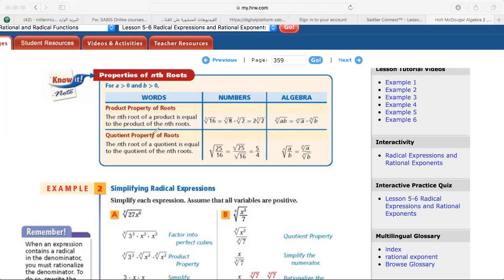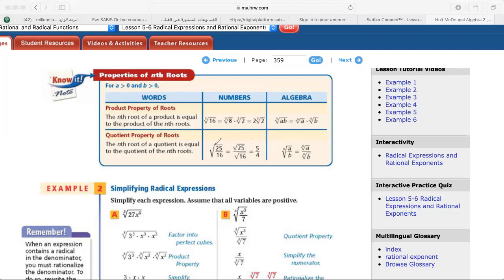Quotient property of roots. The nth root of a quotient is equal to the quotient of the nth roots. Like the root of 25 over 16 is root of 25 over root of 16.